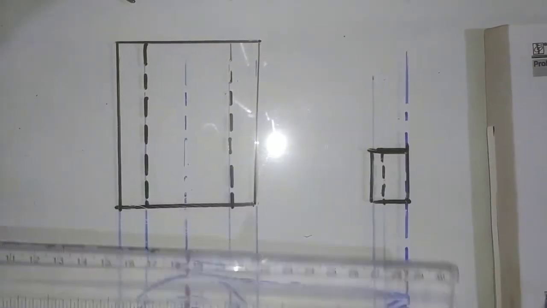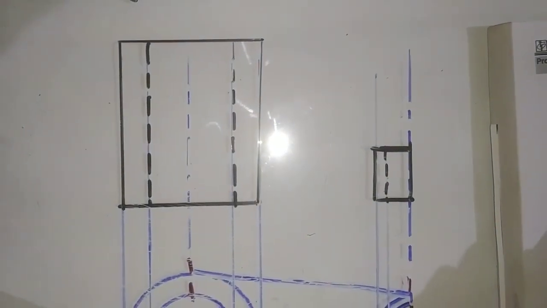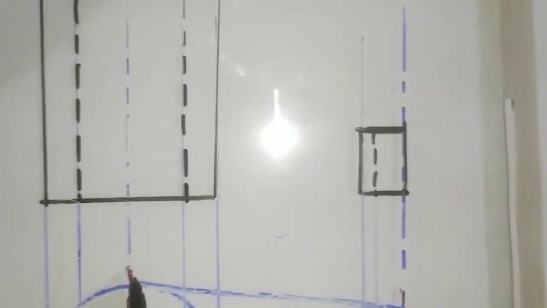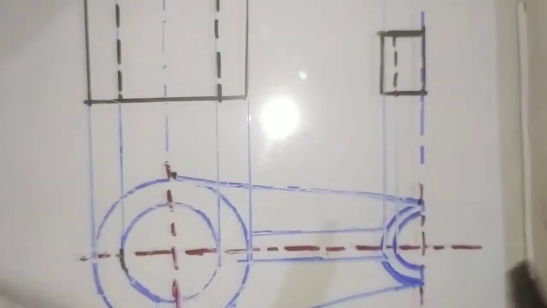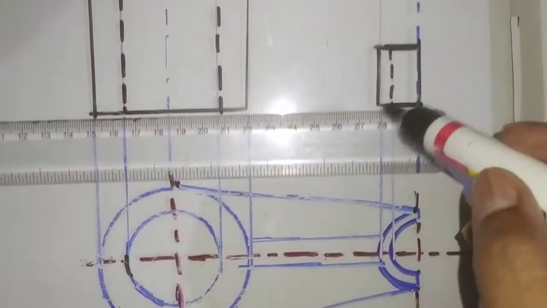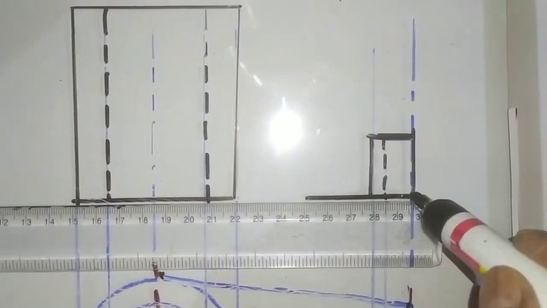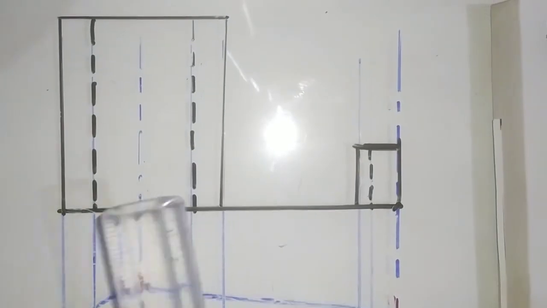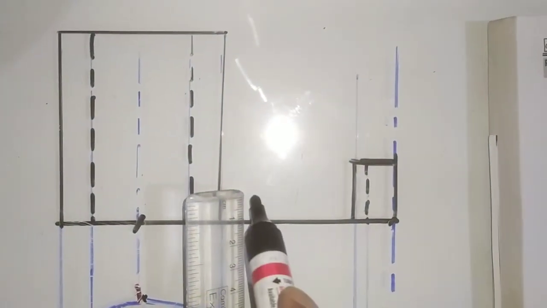Now what is the dimension of this plate? This plate is up to this mm. Here, that is plate from here to here. What is the length? This is the base from this center line to this center line here. What is the thickness of plate? It is 10 mm.